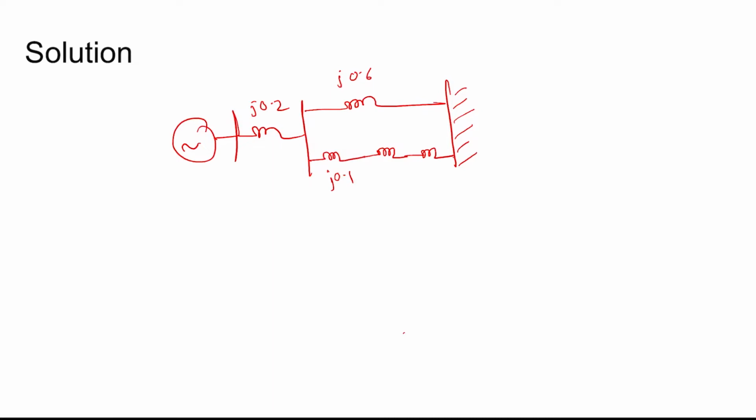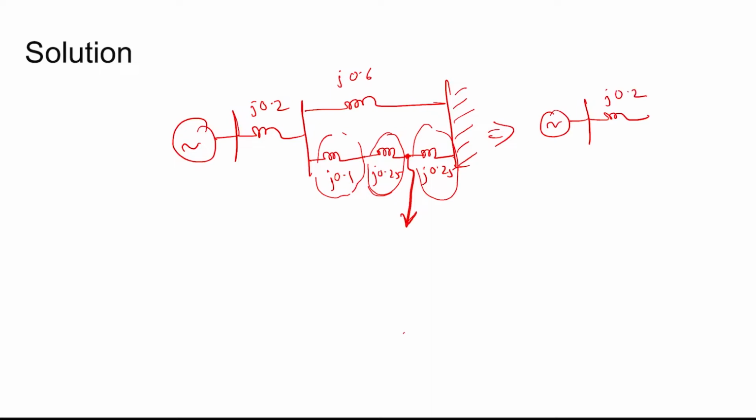Now split it into two, j0.25 and j0.25, which models each half portion of line 2. Because this is the transformer impedance, after that the line exists, and when the fault occurs at the middle of the line, half of the impedance of the line lies in this part and half lies in this part.